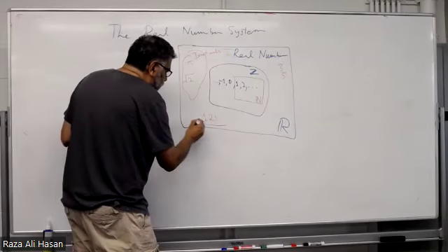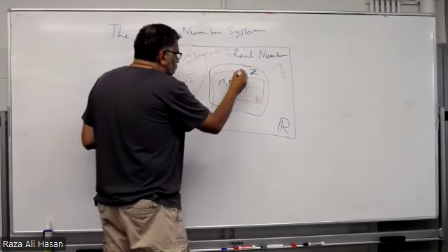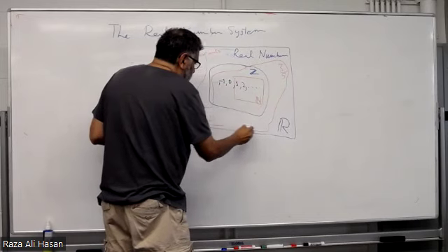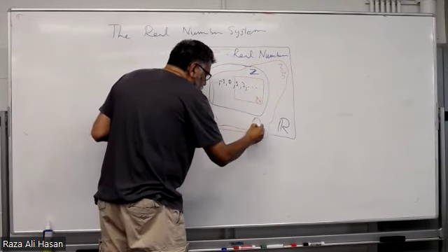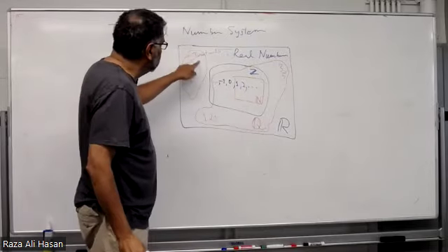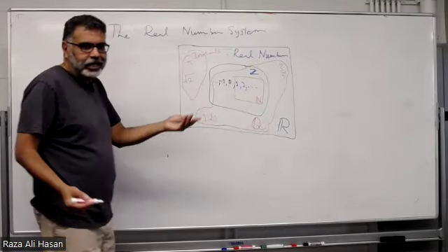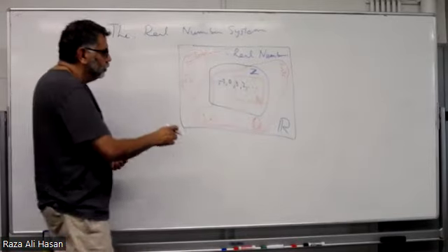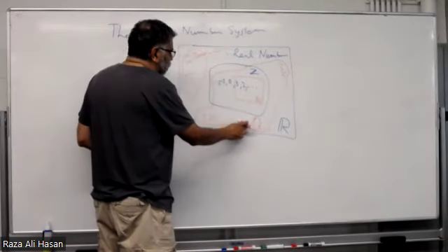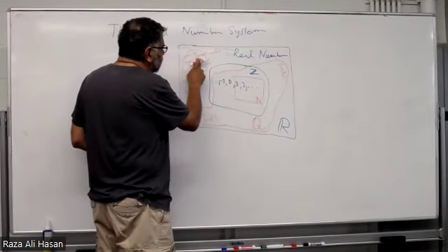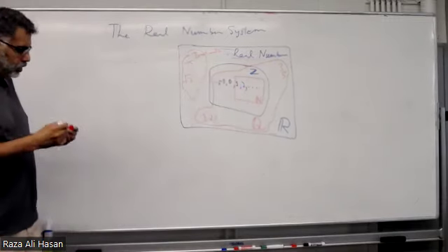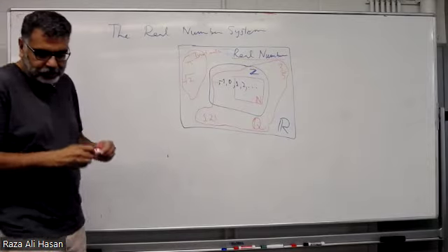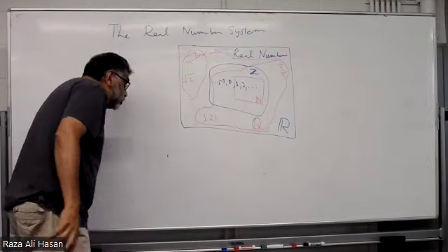And all of this is the set of rational numbers. Rational numbers are Q. Irrational doesn't have a letter to go with it. If you take the Q, rational numbers, add them to the irrational numbers, you get this. Okay, so that's some weird kind of picture. All right, let's move on.